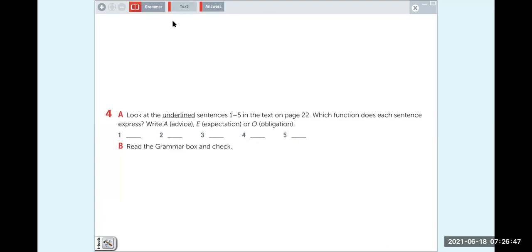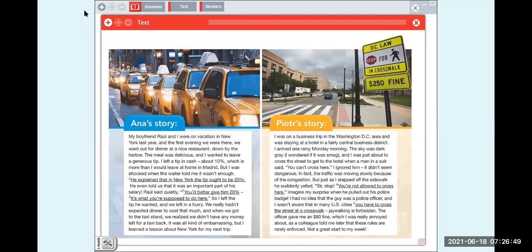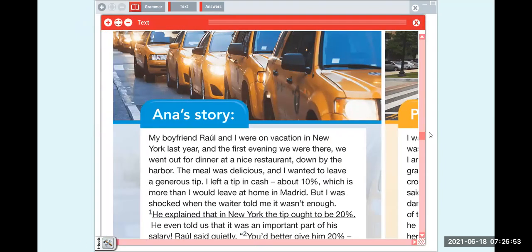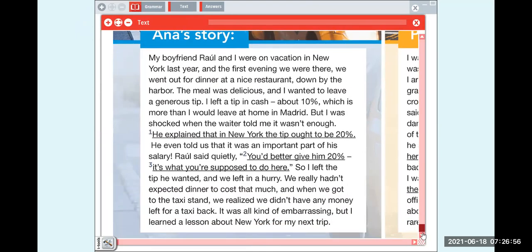Okay, so let's read the sentences. Number 1, he explained that in New York, the tip ought to be 20%. So what do you think is this? Is it advice, expectation, or obligation?